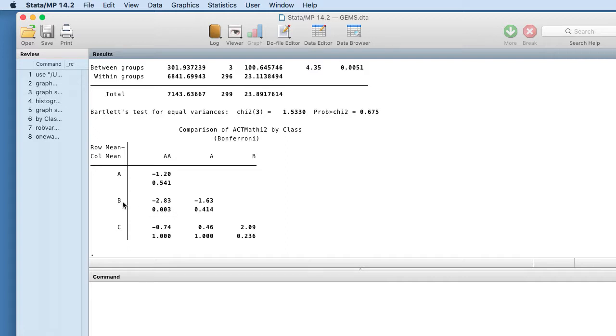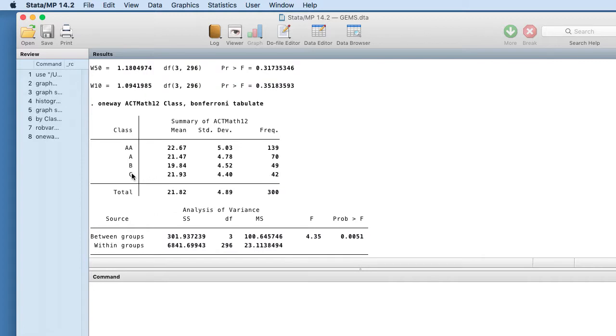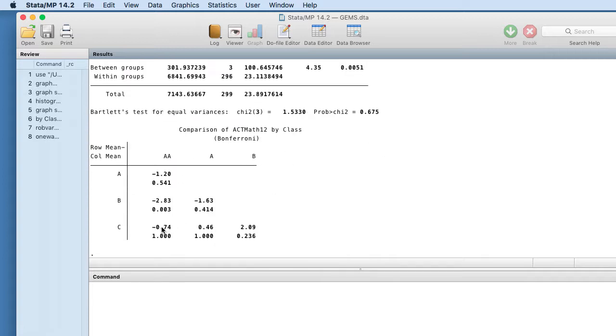So what we can say here is that Class B ACT 12th grade math scores are significantly lower than Class AA. And then if I compare Class C to Class AA, so I subtract 21.93 from 22.67, that difference is 0.74, very small. That is not significant. So that's how you read these tests.